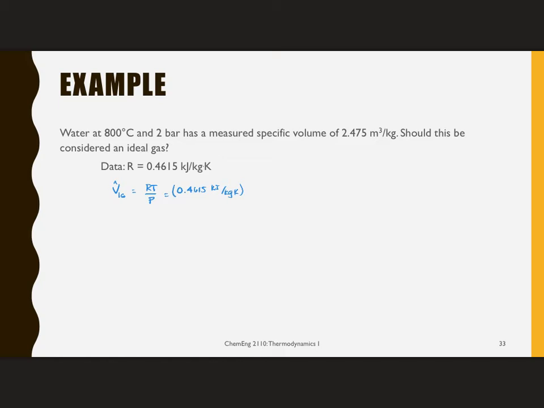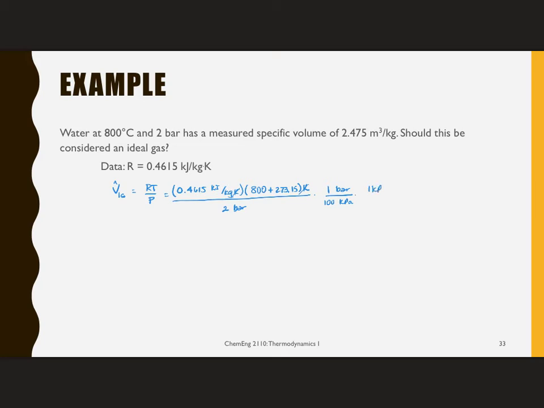I'm going to multiply by the temperature, but it's in degrees C, so I will add 273.15 to convert that to Kelvin. And the pressure is assumed to be absolute. Kelvins cancel, bars don't quite cancel, but 1 bar is 100 kilopascals.